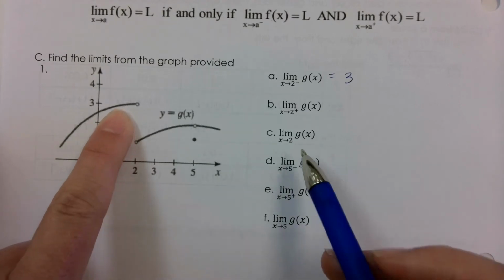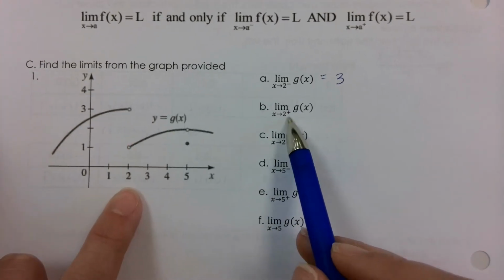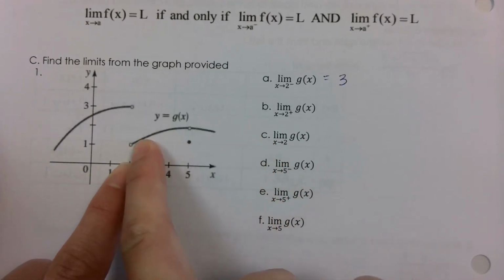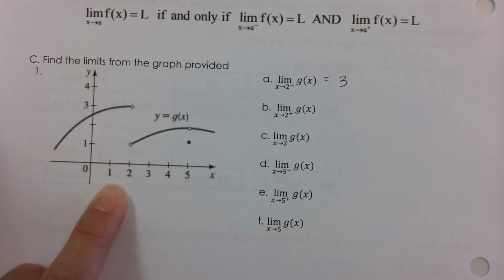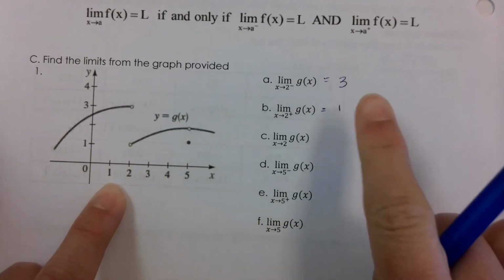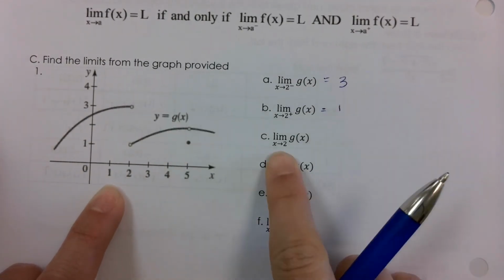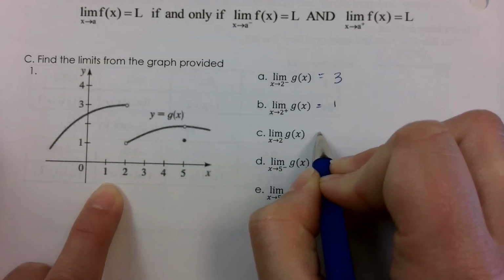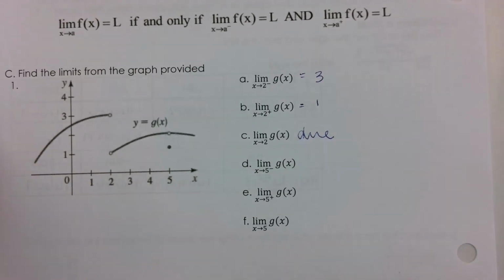Then part B, what's the limit as x approaches 2 from the right? Looking at when x equals 2, coming in from the right, what are we approaching? 1. Does the left-hand side equal the right-hand side? No. So the general limit, not specific to one side or the other, does not exist. So you can put D and E for those.